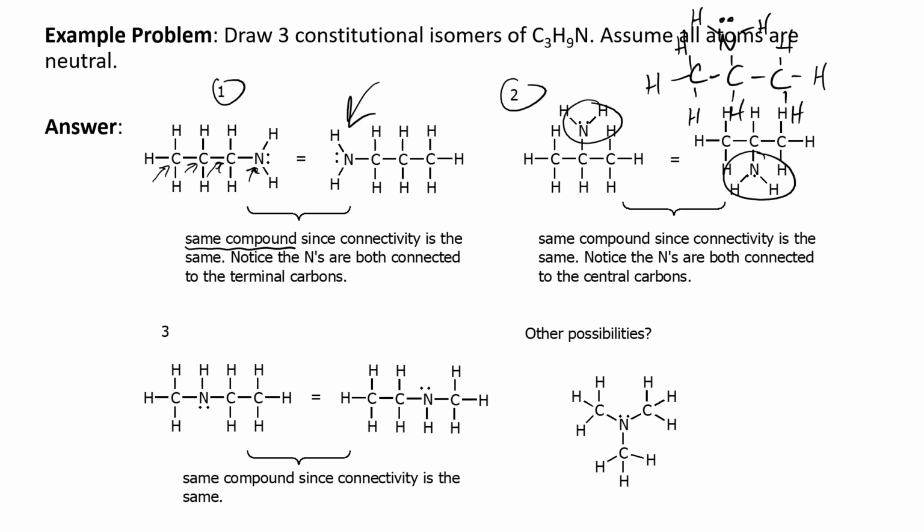In either case, both of these compounds are exactly the same, because if we just flip one over like a pancake, we can overlay it perfectly on the second. Just that it has the same connectivity tells us that it's the same compound.